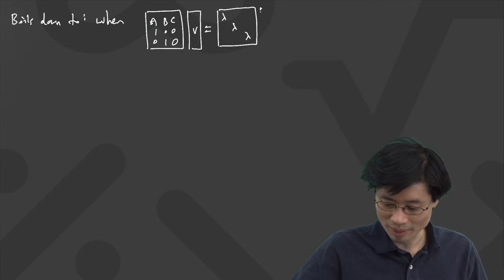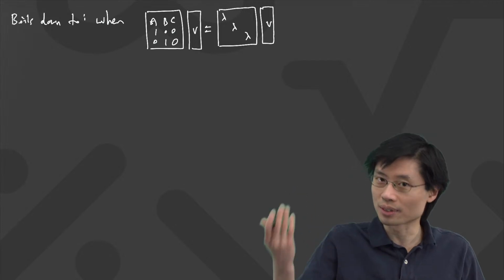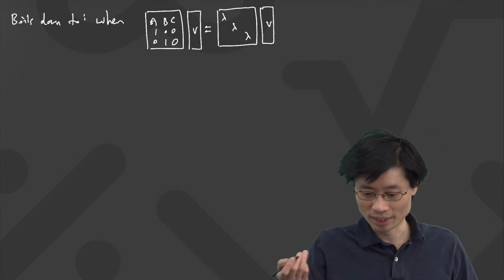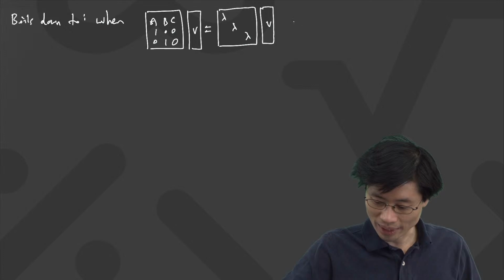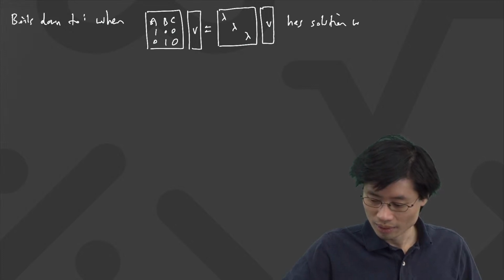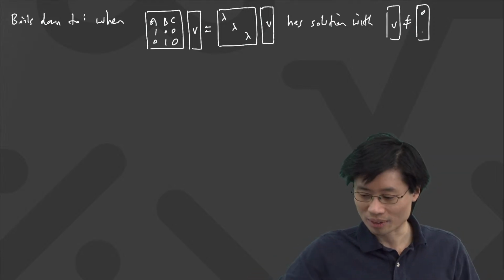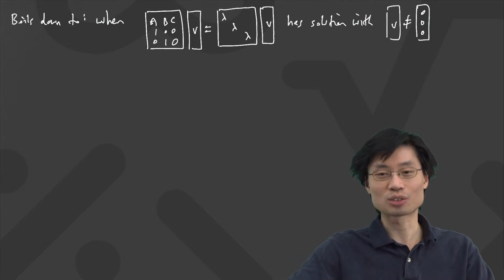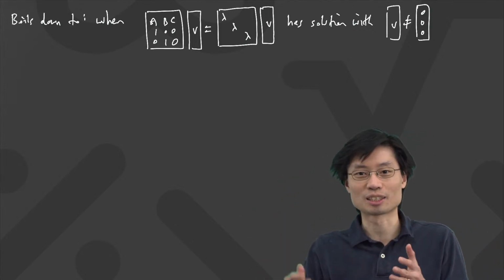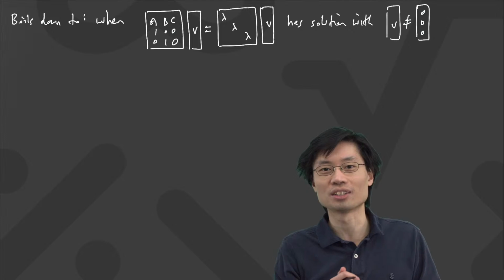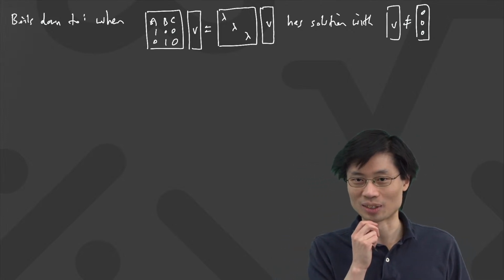They're all the same lambda because I just want to know which lambdas make it possible for this to have a not all 0 solution for V, when this has a solution with V not equal to 0, 0, 0. And I hope this also gave some color for why I care about V not being 0, 0, 0. It was extraordinarily powerful in the last bit of the last proof, where we just used, bam, the V's are not all 0, that's why the C's are all 0.